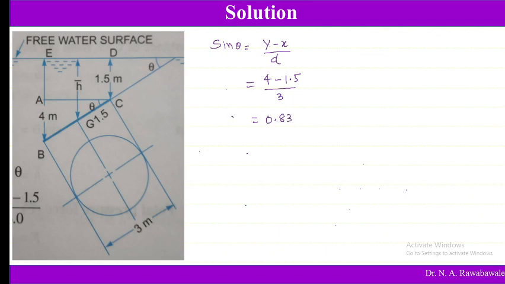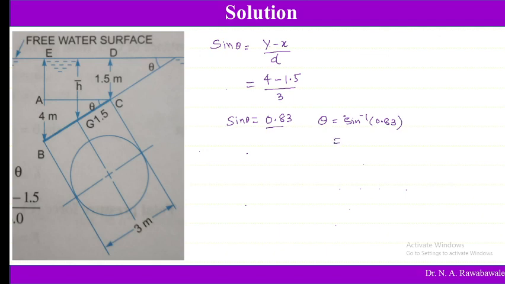Sine theta directly, we are getting the value of sine theta as 0.83. So we need not find theta even. If we want to find theta, then theta is equal to sine inverse of 0.83.